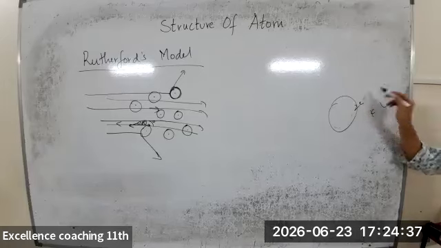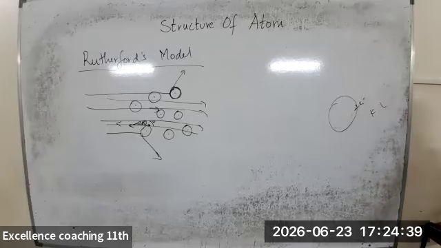K will contain just 2 electrons, L will contain 8 electrons. But when he proposed his model, he had no answer on how many electrons fill an orbit or how they are arranged inside it. So the second drawback speaks about this.